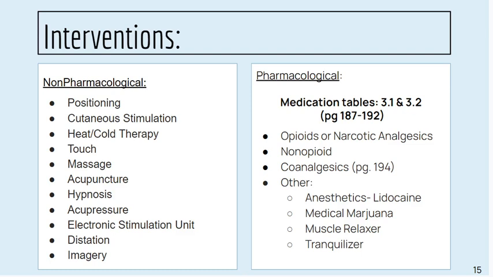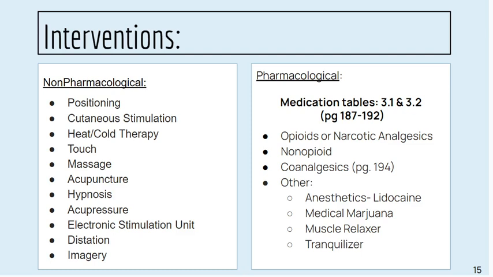Okay, back into interventions here. Sorry about that. So our interventions, I am not going to do a really deep dive into the pharmacology part of it, because you guys do cover these medications in pharm. So I'm just going to highlight those. I really want you to focus largely on these medication tables. They start on page 187 and go through page 192.